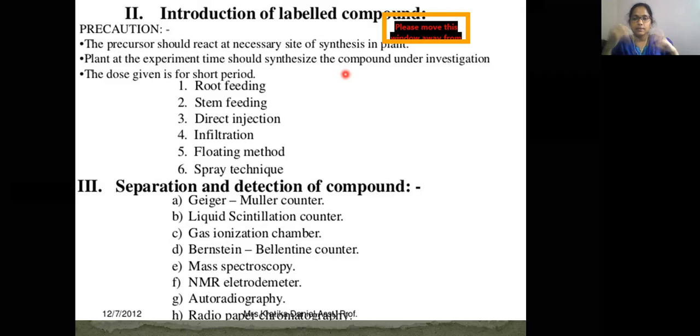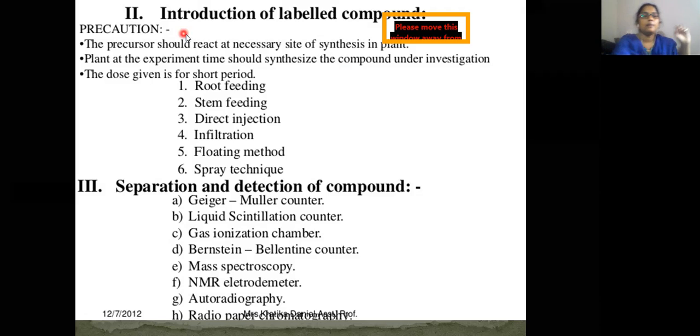There are some cases where the secondary metabolite synthesis takes place within the roots and it will be carried to either stems or leaves and it will get settled there. So first thing is we have to identify the area where the production or biosynthesis of that primary or secondary metabolite is taking place, whether it is within the root or stem or leaf. This we have to identify.